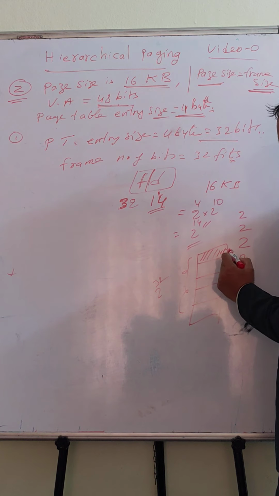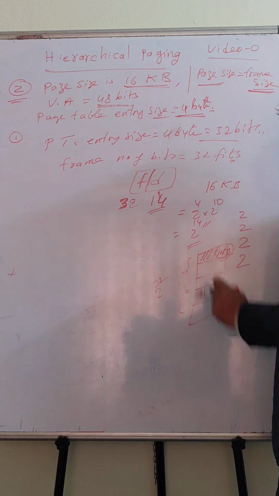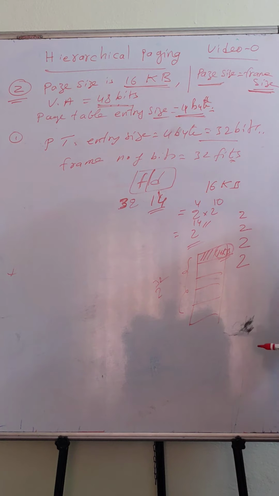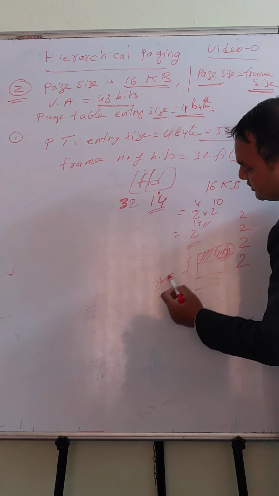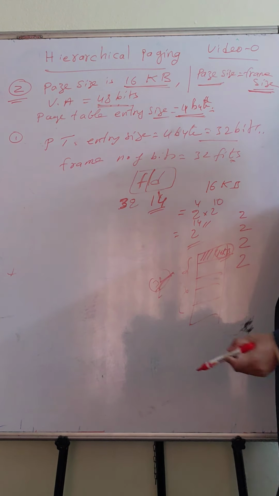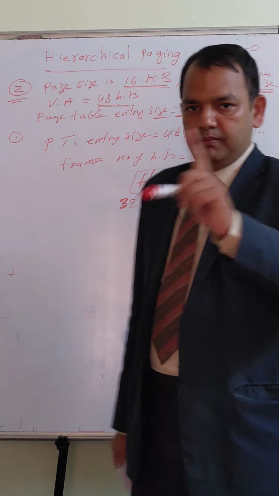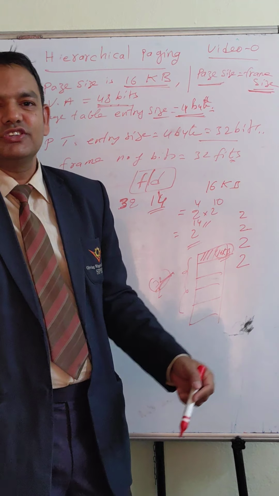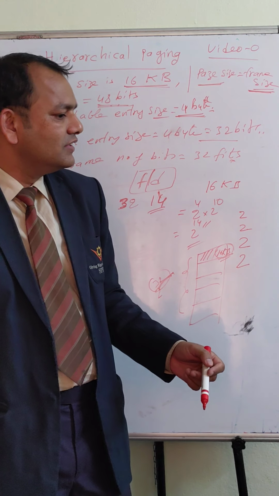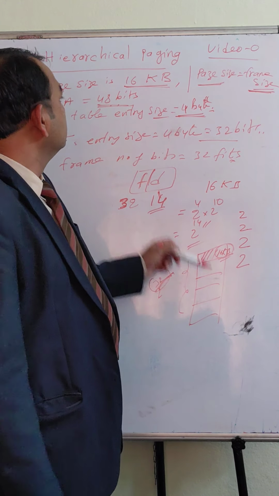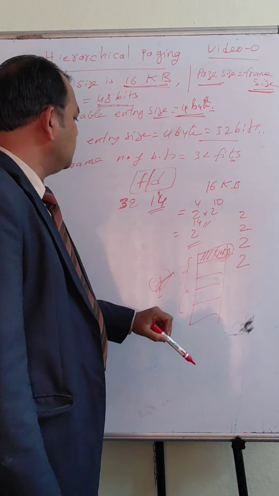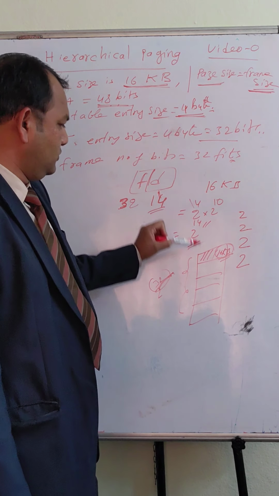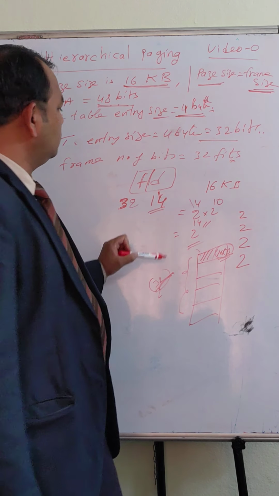Understood, my dear friends? So these 32 bits are required to go to one of the frames. Within the frame, how will we search? The frame size is 16 KB, which means we require 14 bits. So this is F and D.